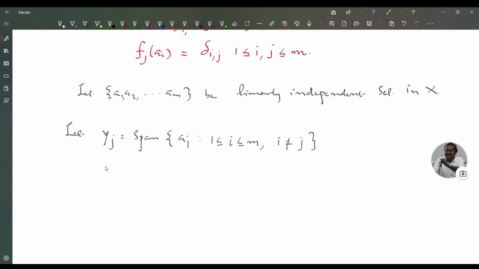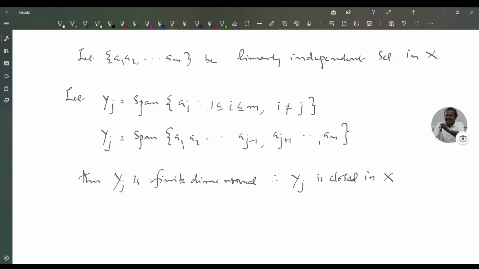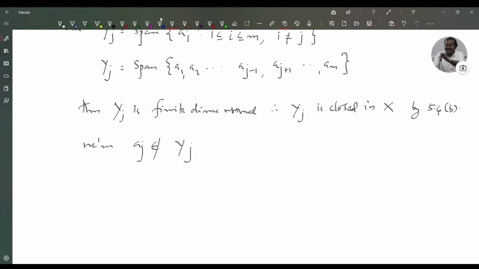This Yj is the span of a1, a2, etc., aj minus 1, aj plus 1, etc., am. Then Yj is finite dimensional. Therefore, Yj is closed in X by 5.4b. We have aj does not belong to Yj, and Yj equals Yj closure since Yj is closed.